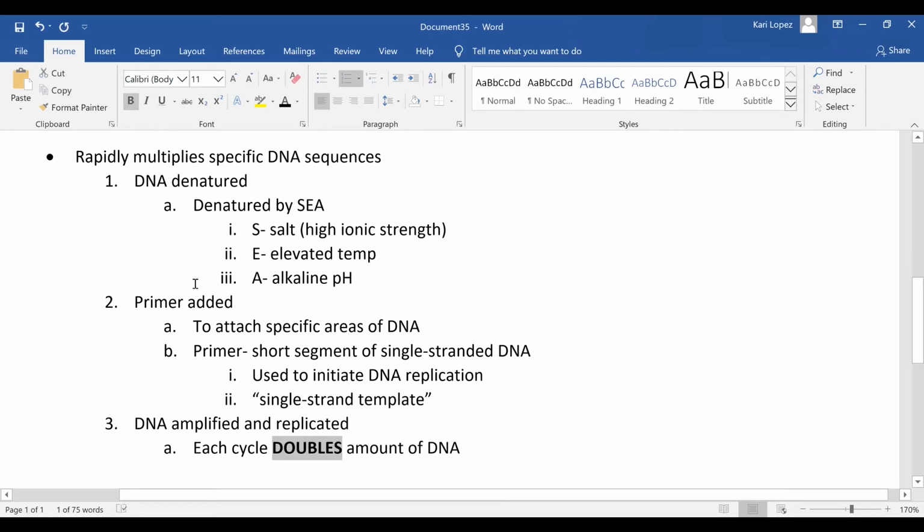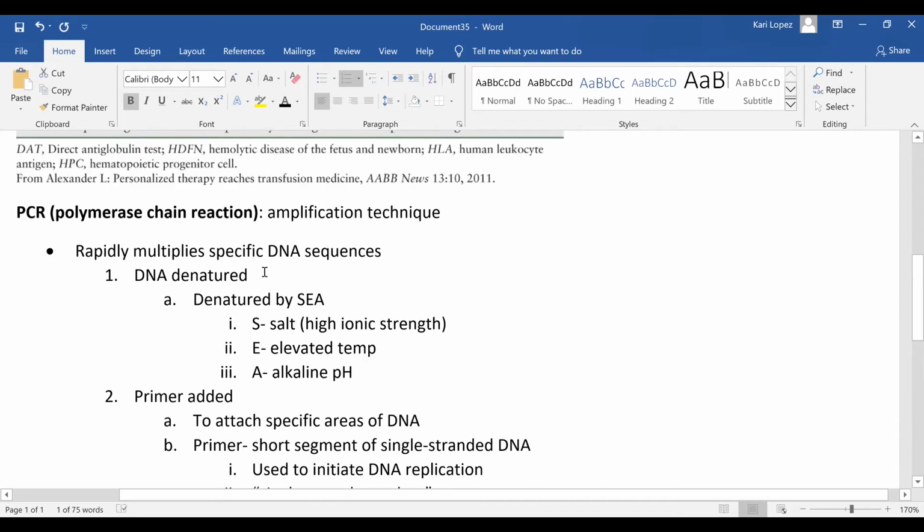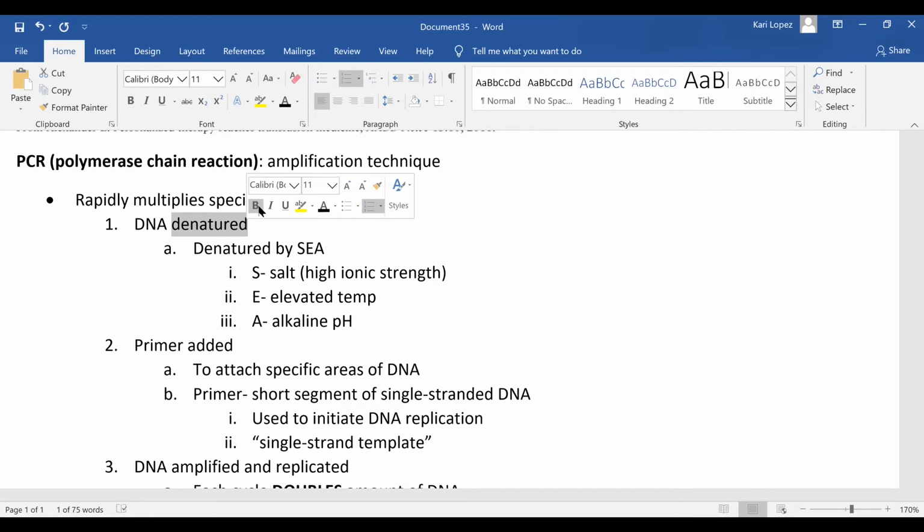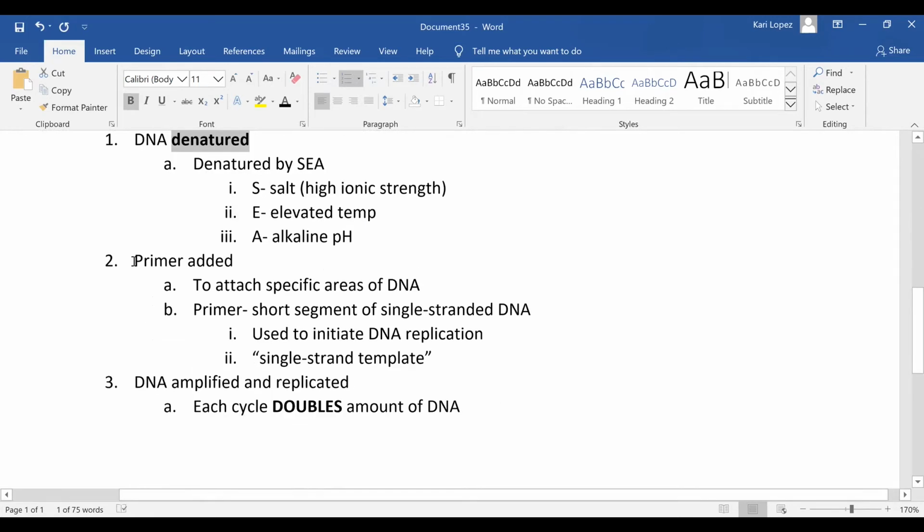And I'm going to highlight our processes really quick. So it rapidly multiplies specific DNA sequences. First, it is denatured, and then the primer is added, and then it is amplified and replicated.